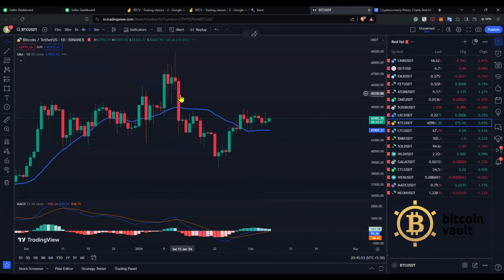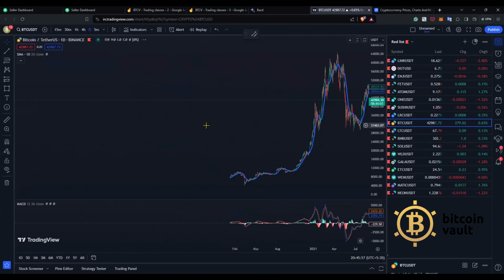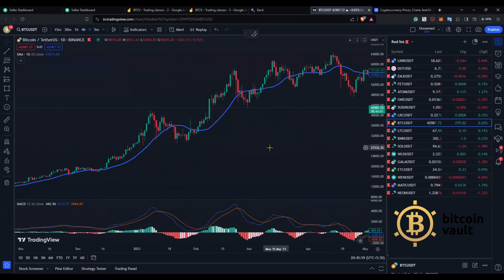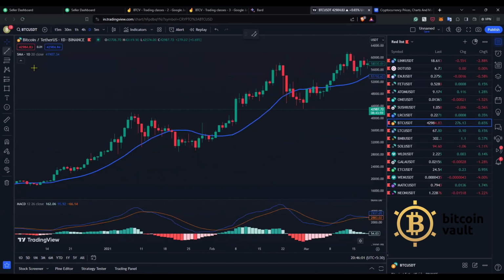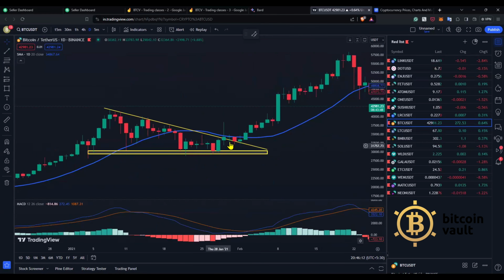Let me show you one important part actually. Yeah, this one. See, descending triangle. Correct? Descending triangle breaking in the upward direction. Generally, there is a 70% chance that a descending triangle breaks in the downward direction.